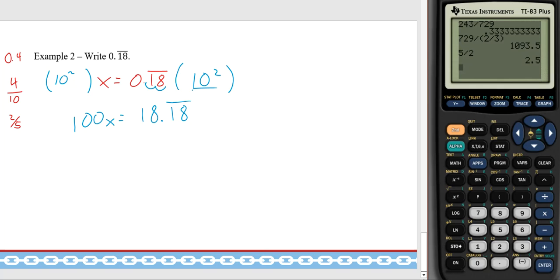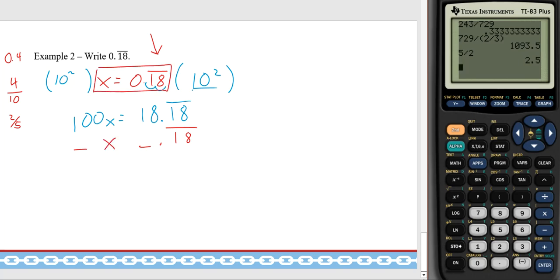I know from my first statement that I wrote in red that 0.18 repeating is equal to x. So what I'm going to do is subtract 0.18 repeating from both sides. But on the right side, I am going to call it 0.18 repeating. On the left side, I am going to call it x, because those two things are the same.